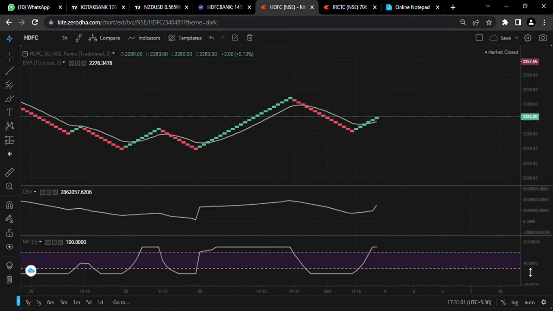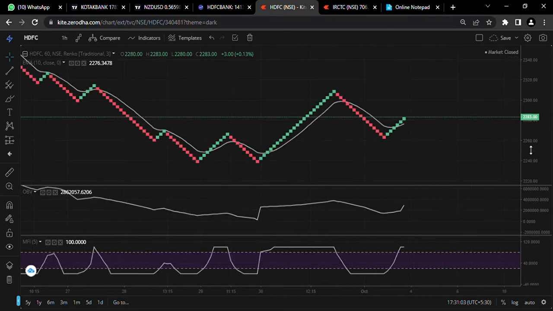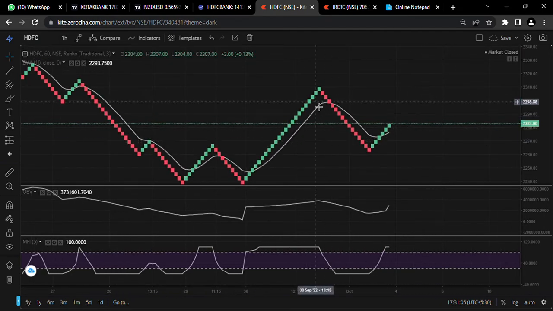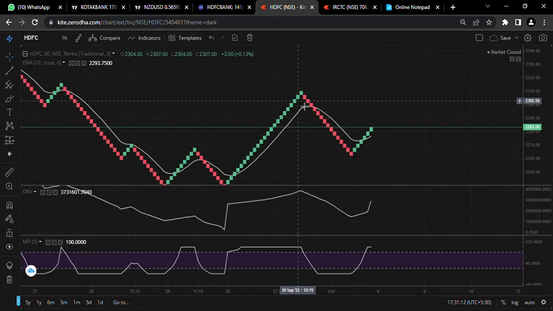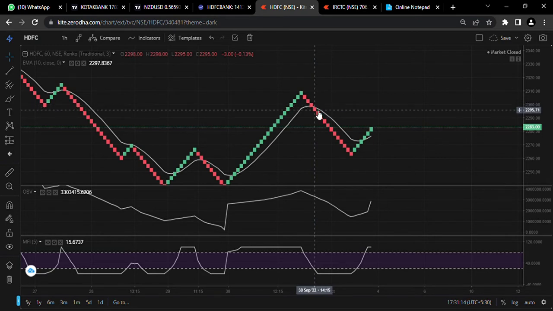See now here, as soon as the stock has crossed the 10 period EMA downside, you can easily short it after a brick has been formed.